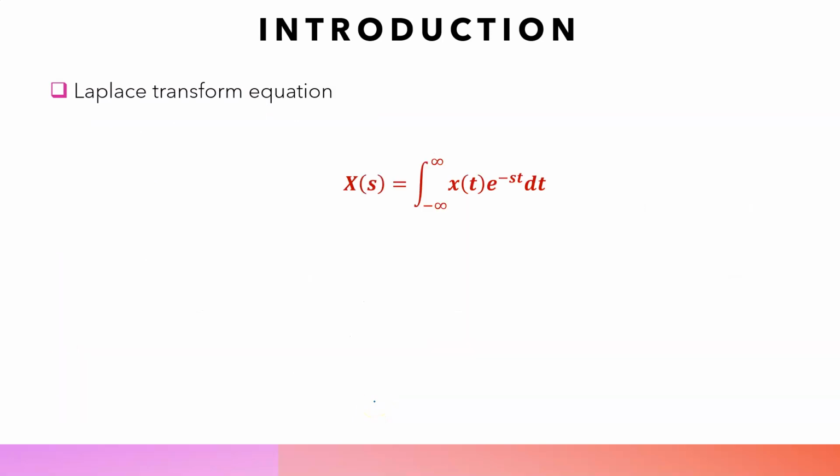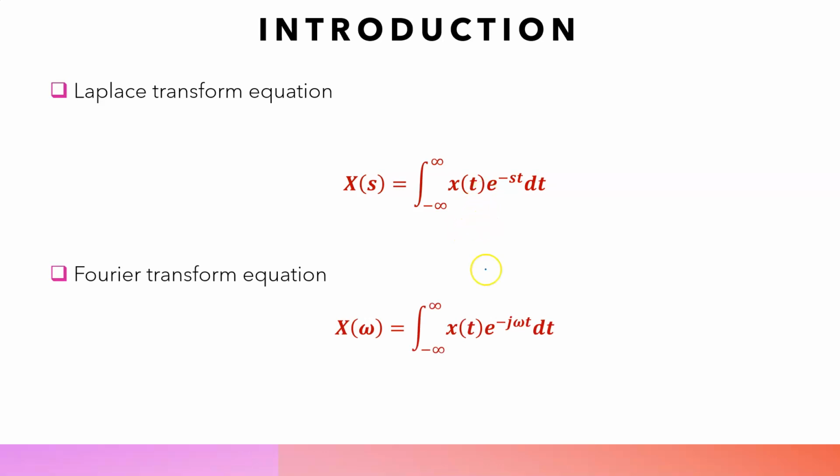To understand this, look at this equation, which is the Laplace transform equation, and we have seen a few sample problems on how to use this equation to do the Laplace transform of a given signal. And this is the equation for the Fourier transform. Instead of X of s, we have X of omega, and here the s is replaced with j omega. And the same, we have to do integration over a certain limit.